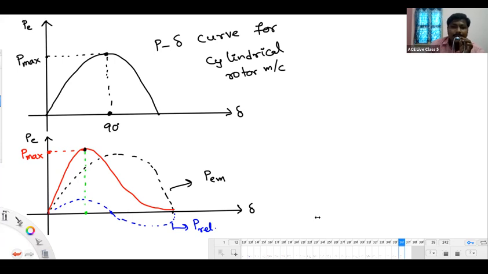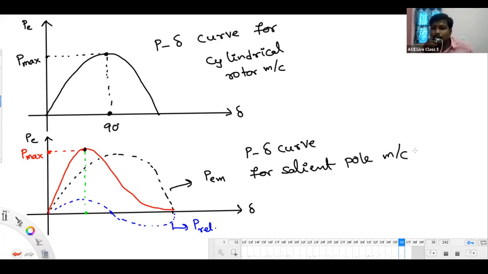May not be 45 degrees, Manikanta Kumar, it's not 45 degrees. It will be less than 90 degrees, but definitely more than 45 degrees, right? So this is the power angle curve for a salient pole machine.